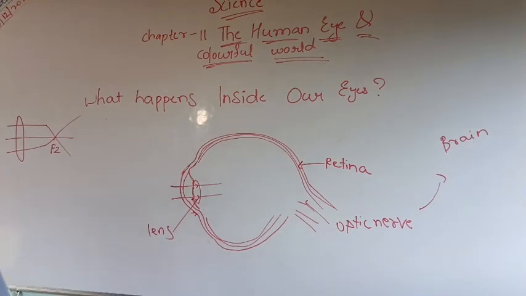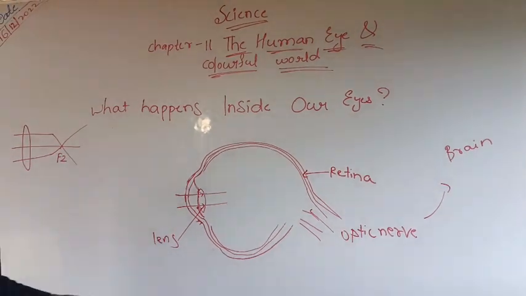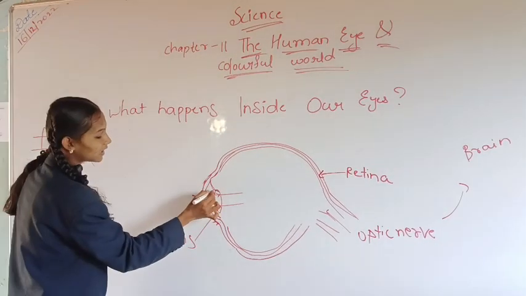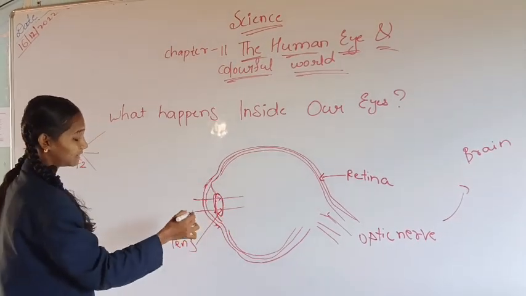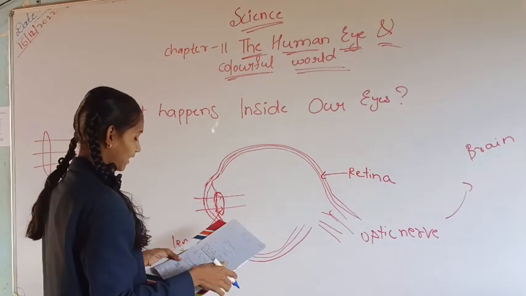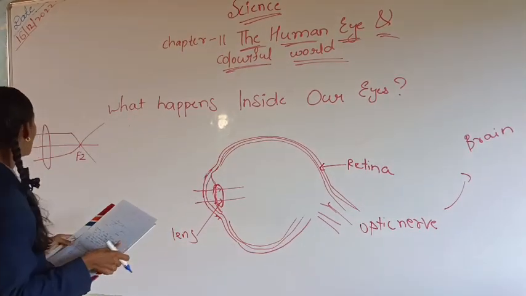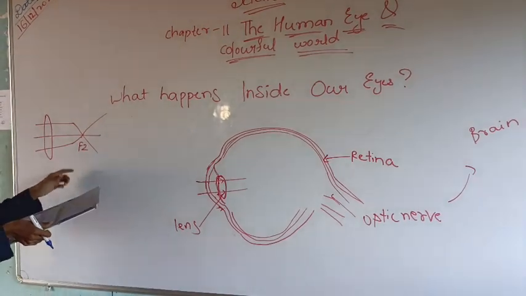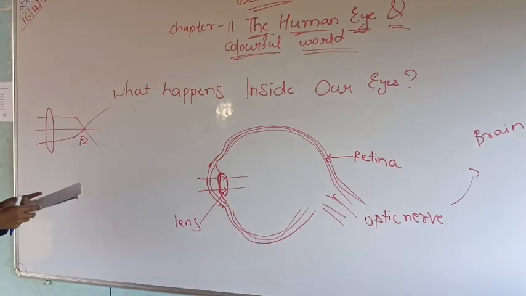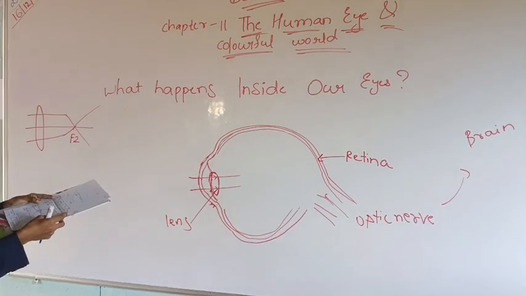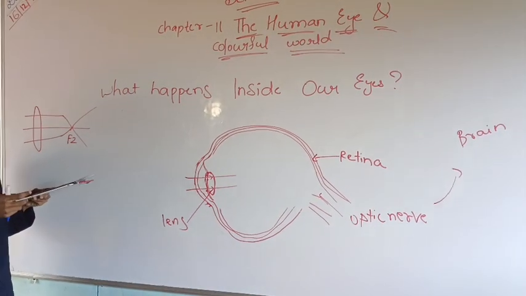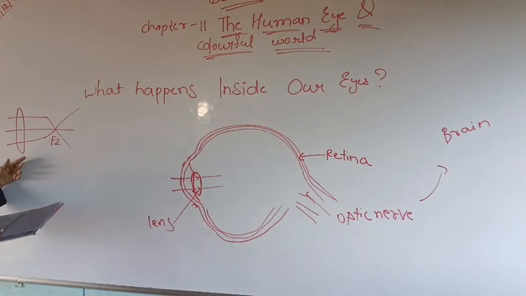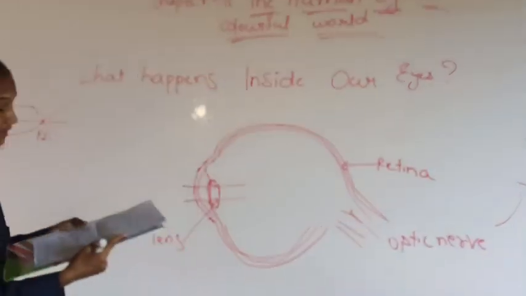The same thing that happens in a convex lens happens in our eye, because it is a convex lens. When the object is at infinity, the position of the image is at focus F2. The relative size of the image is highly diminished. The nature of the image is real and inverted. This we already know from the previous chapter.